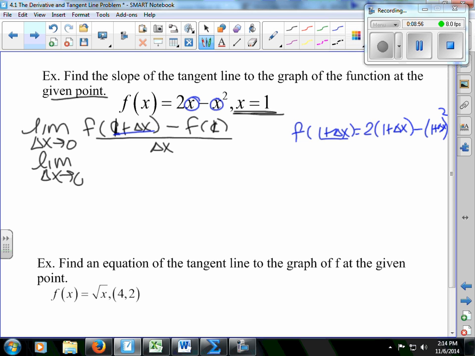Okay, this reduces to 2 plus 4 delta x plus 2 delta x squared. I did that wrong. I squared the wrong one. 2 plus 2 delta x minus, you'll have to FOIL 1 plus delta x. So that's 1 plus 2 delta x plus delta x squared.